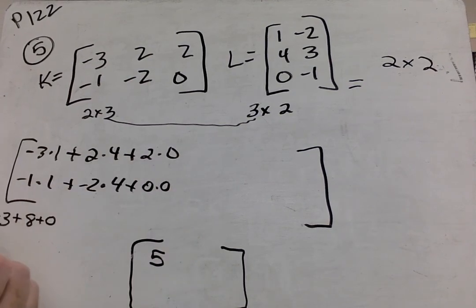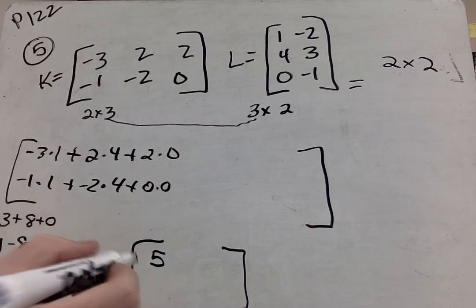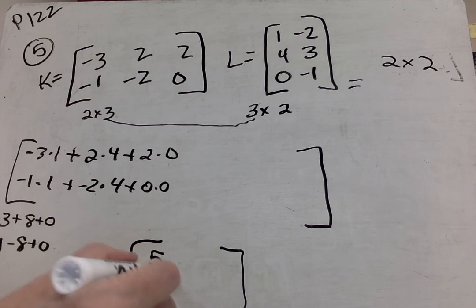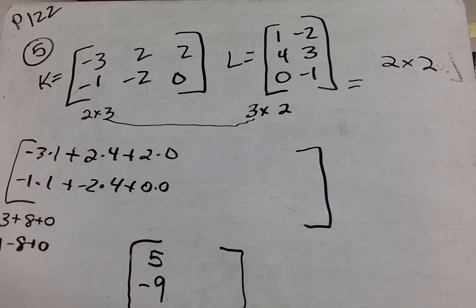So that will be -1 minus 8 plus 0. So that will be a -9.